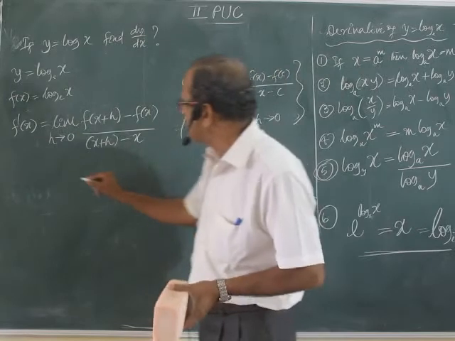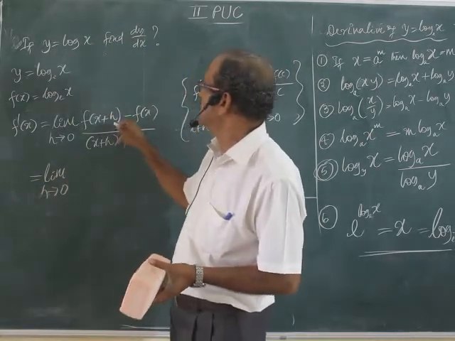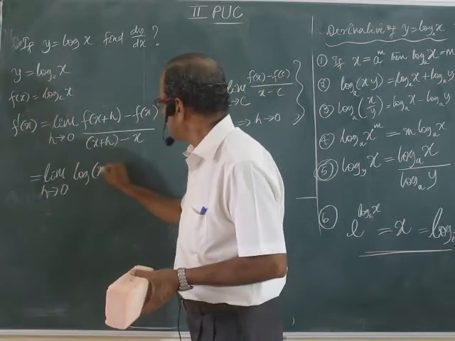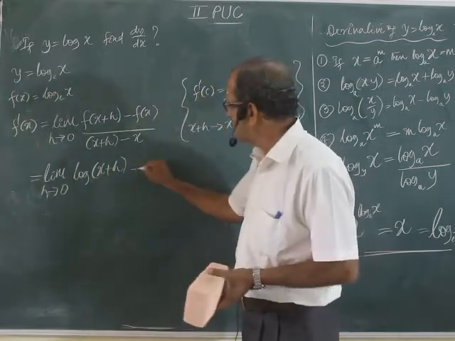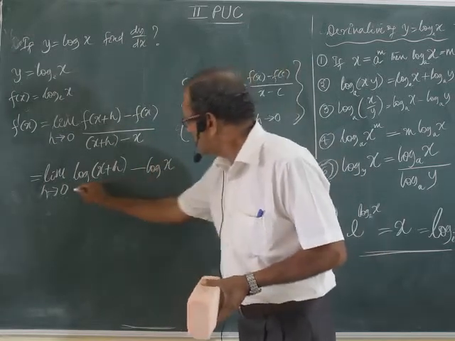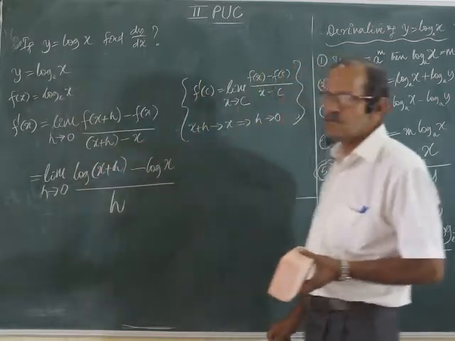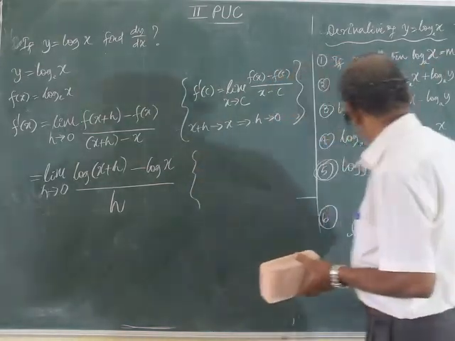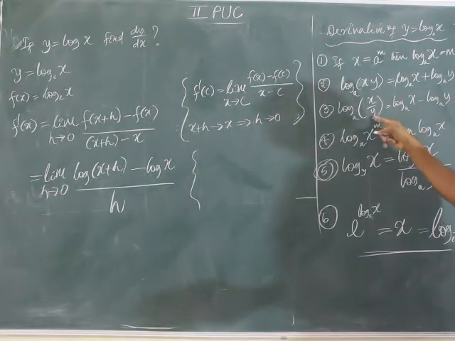Now, calculate f of x plus h. You know f of x is log x, so f of x plus h is log of x plus h, base not necessary, implied, minus f of x, log x, divided by x plus h minus x, that is h. But you can recall that it is there itself: log x minus log y is log x by y.